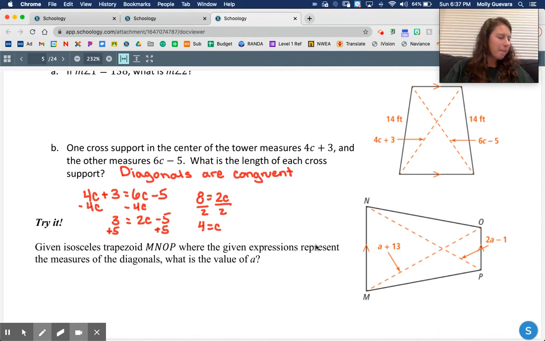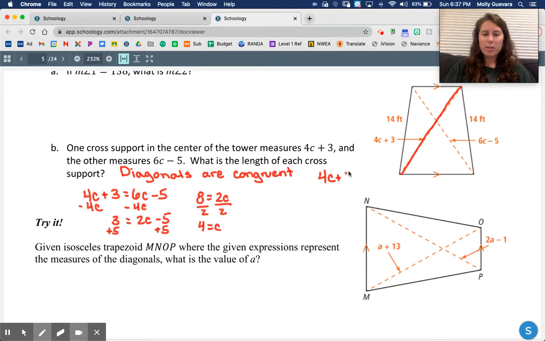Okay, and that's interesting, but that's not what it's asking me to find. It's asking me what is the length of each cross support. So I want to know what is the length from here all the way down to here. So what we're going to do is pick a side. I drew the 4c plus 3, so we'll do that one. 4c plus 3. And I'm going to plug in my value for c. So 4 times 4 plus 3.